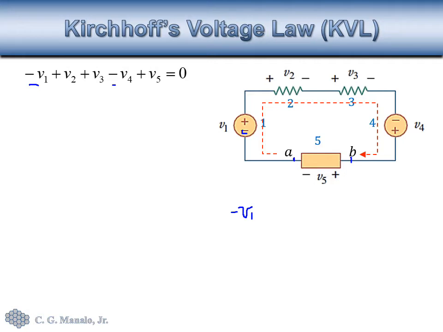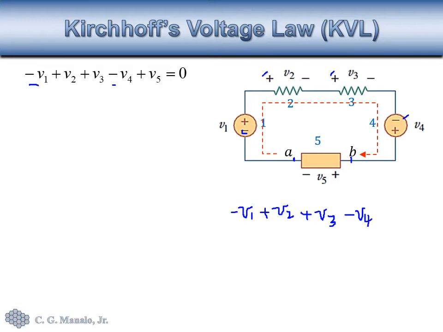The first sign I encounter when I enter element 2 is a positive sign, so I write plus V2. Then I proceed to element 3. I first encounter the positive sign here, so I also write plus V3. For V4, when I enter, I first encounter the negative sign, so I put negative V sub 4.